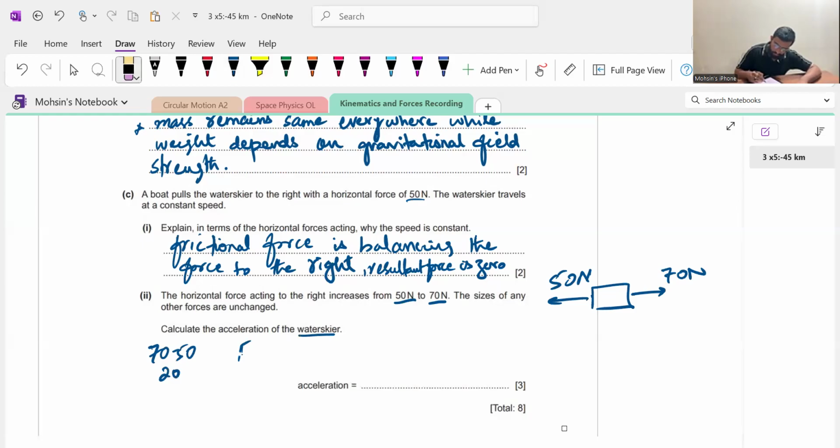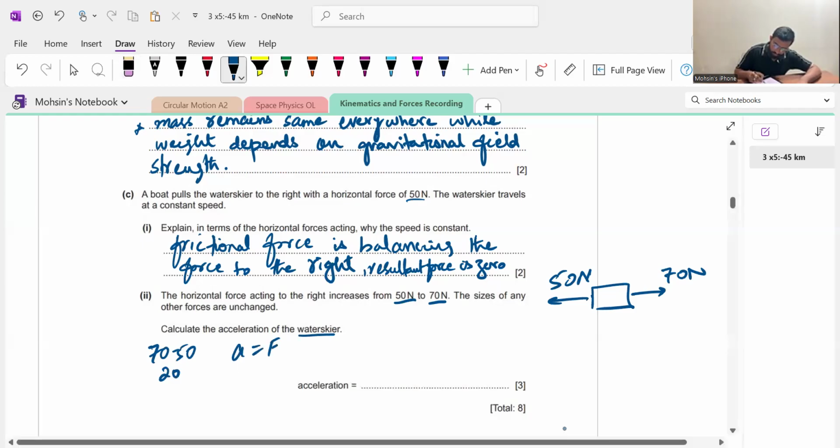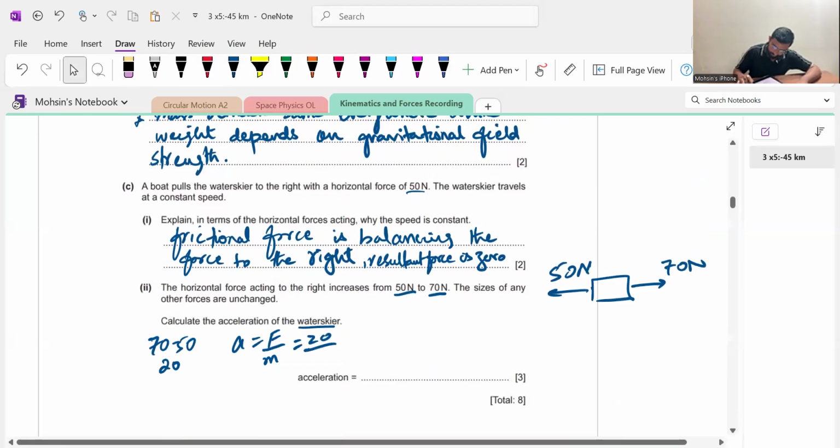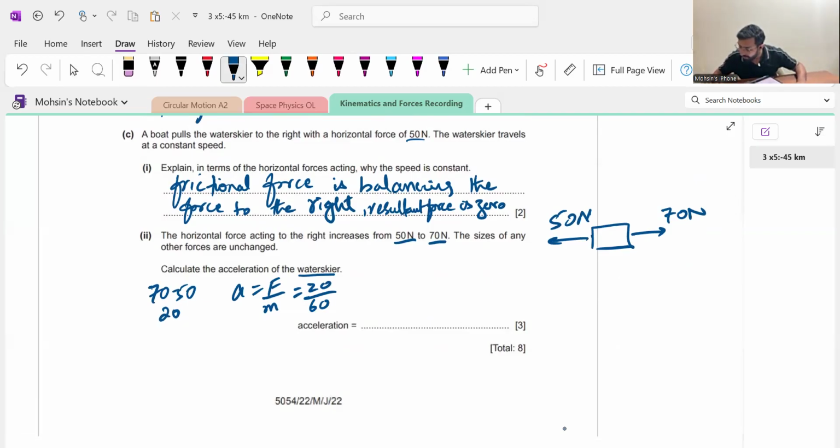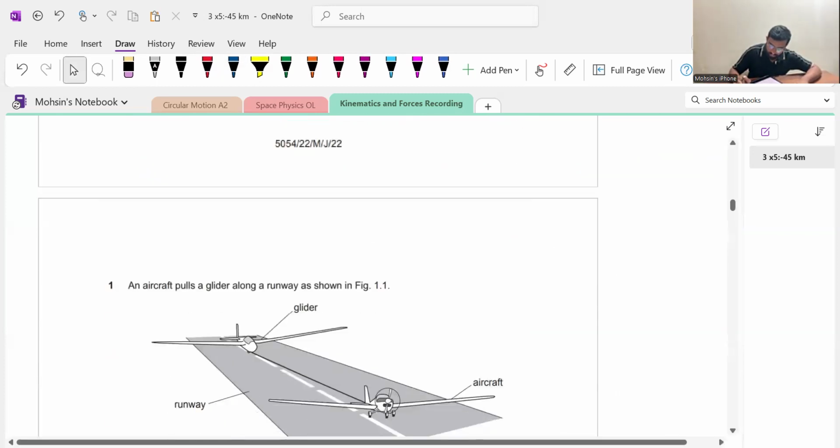For acceleration, it is force per unit mass. Force is 20, mass it was given in the starting, 60. So 20 over 60, 0.33 meter per second square. Don't forget to write the unit.